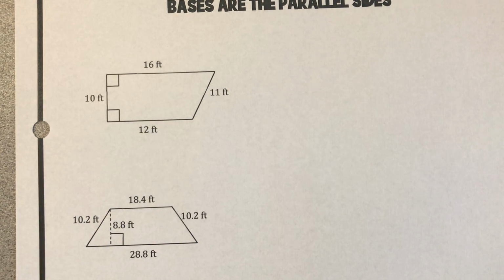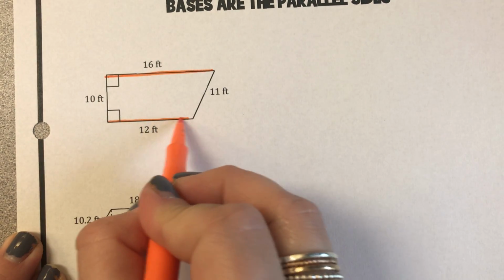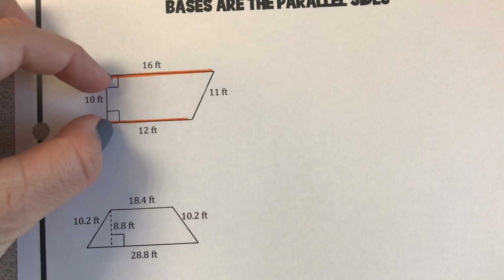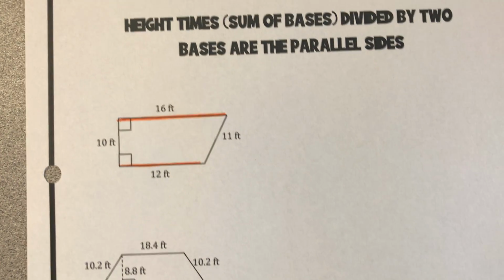Let's do a couple. So what I always like to do is I will pretty much always highlight or something the bases. That makes it way easier for me. Bases are always the parallel sides. So these two are the bases, okay? And the height is the, let me write that down because I didn't put it on here.